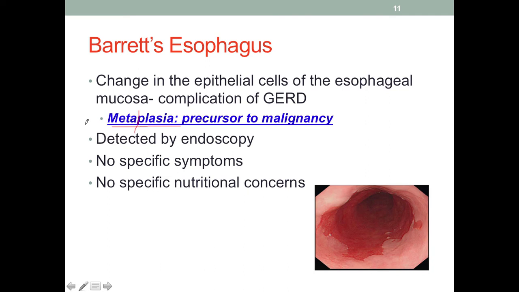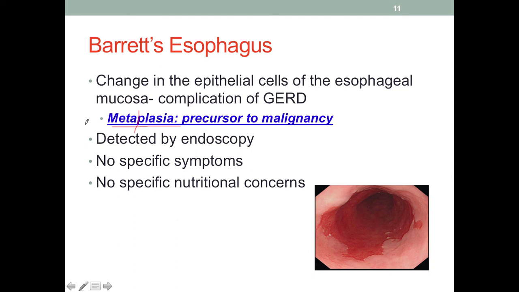Remember that we had hyperplasia, hypertrophy, and now also metaplasia. Unfortunately, this type of response is a precursor to cancer. If we don't control GERD effectively, the lower esophagus is at risk for the development of cancer, so this can be very serious.